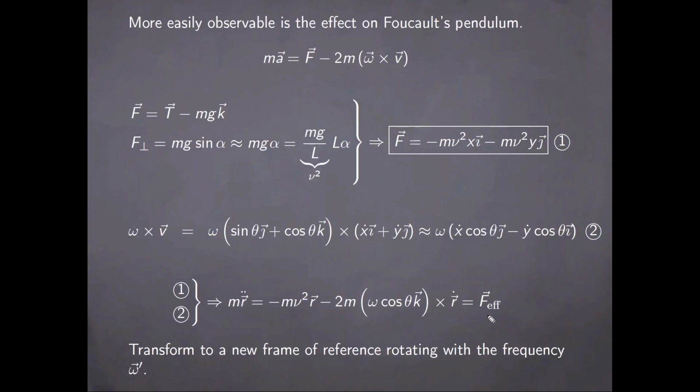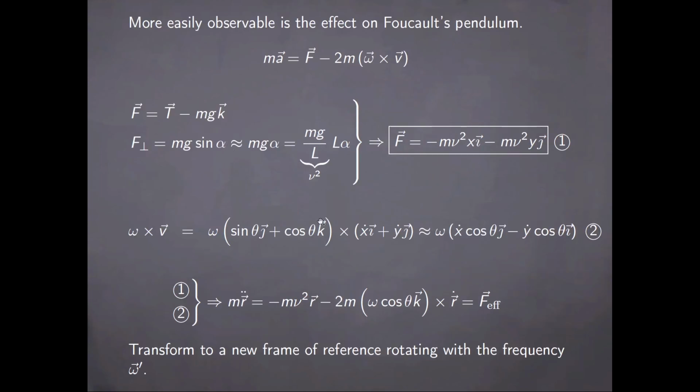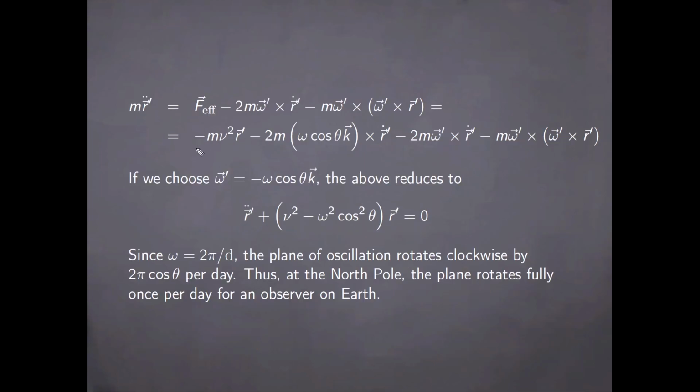So the initial effective force becomes our applied force in these circumstances, and from it we must subtract a new Coriolis term and a new centrifugal term. And if we now write the effective force according to what we have obtained here, we obtain this lengthy result.